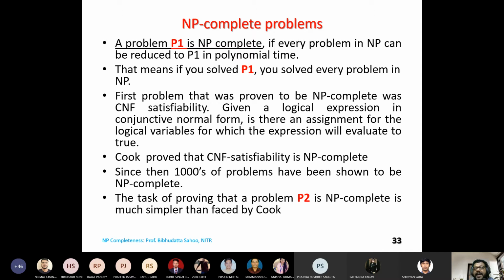For that, I need a reference of a problem which is NP complete. This much first you assume. To prove a problem to be NP complete, I need a problem which is previously proved to be NP complete. Then I'll be using a method called reducibility to prove a problem which belongs to NP as NP complete.